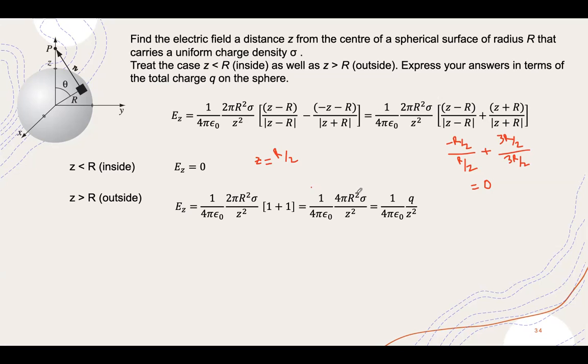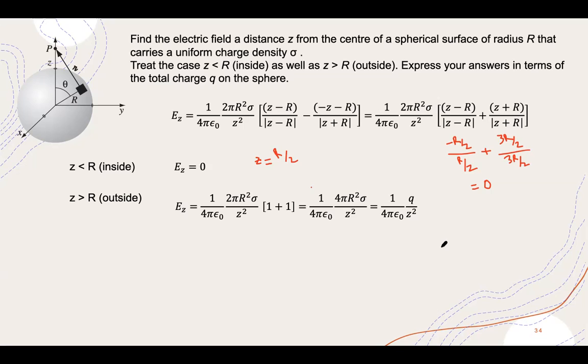And surface area times sigma is nothing but the charge. So you can say that this is 1 over 4 pi epsilon naught, Q over Z squared. So we express all our answers in terms of the total charge Q on the surface like this.